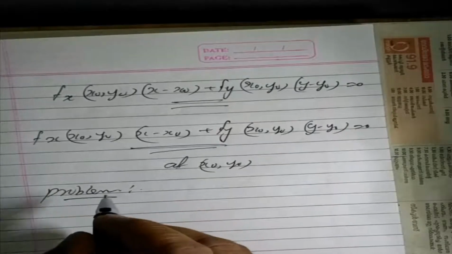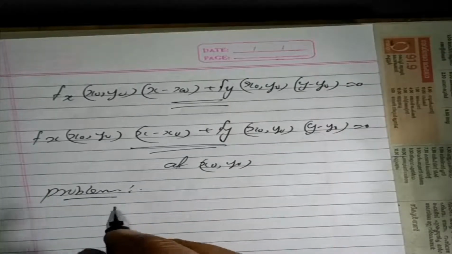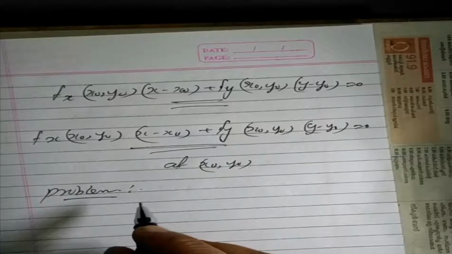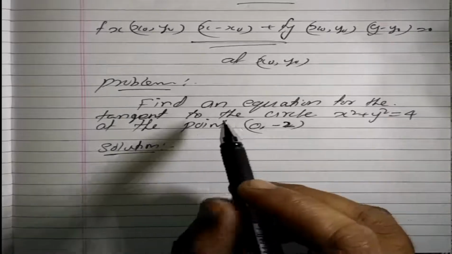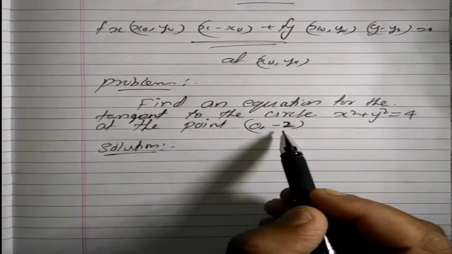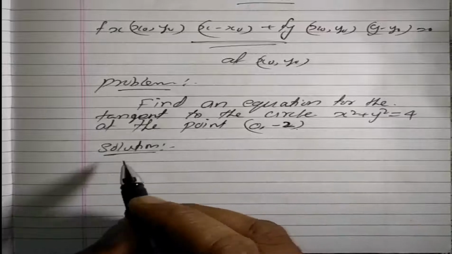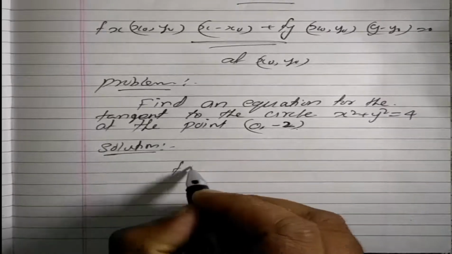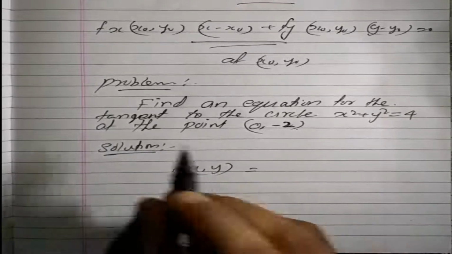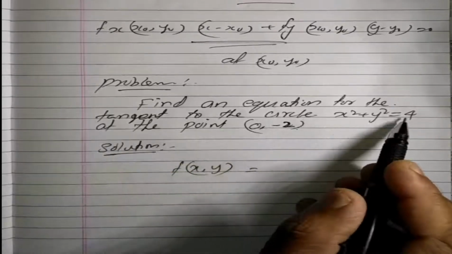Find an equation for the tangent to the circle x squared plus y squared equals 4 at the point 0, minus 2, which is x naught, y naught. For the solution, the level curve function is f of x comma y equals x squared plus y squared.